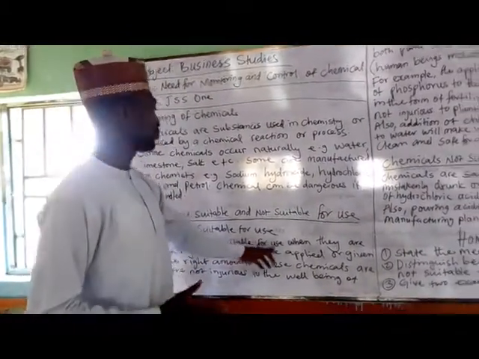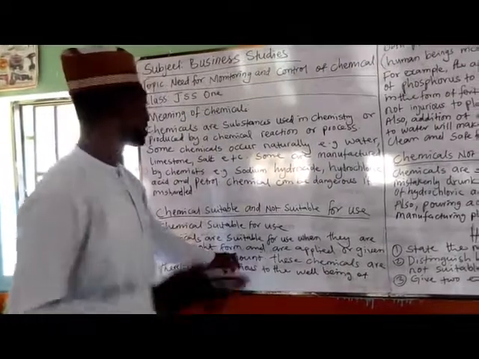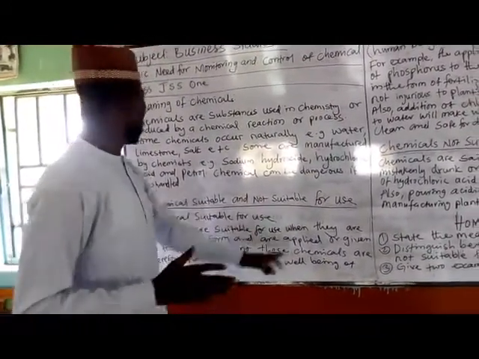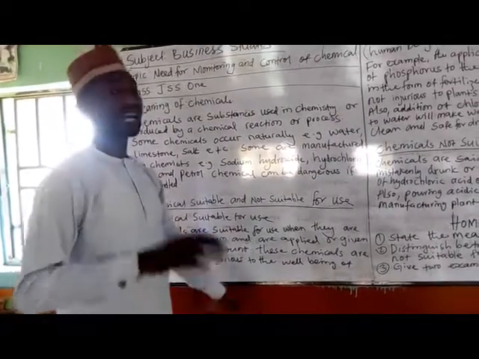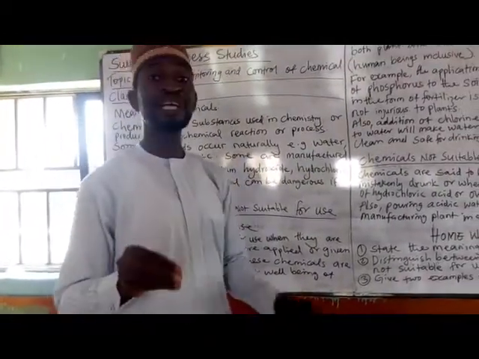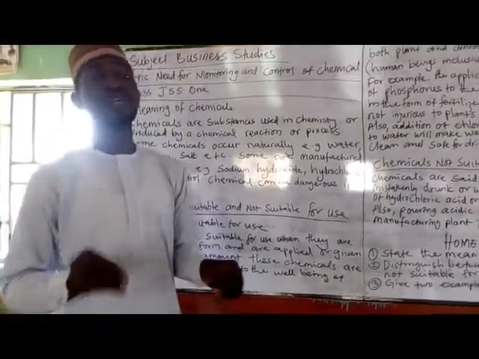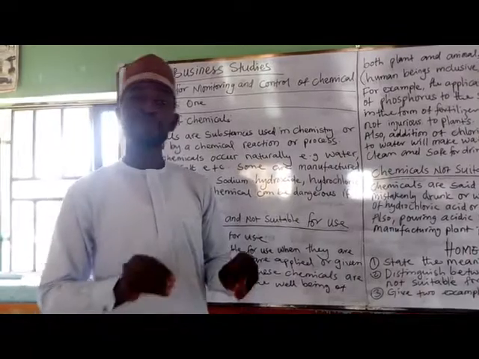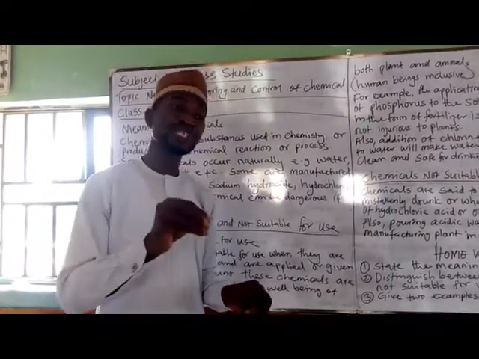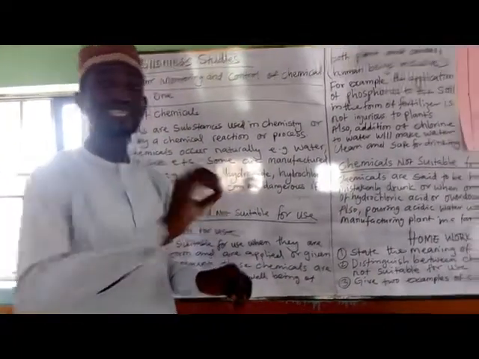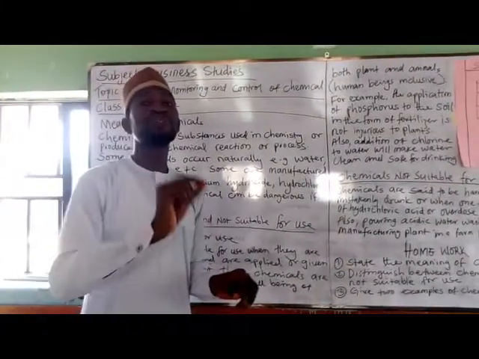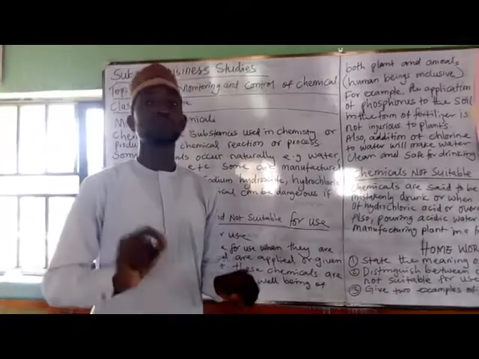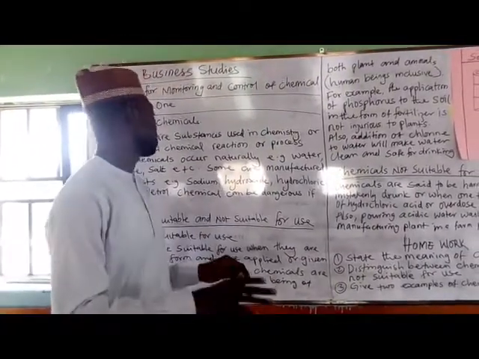Chemicals are suitable for use when they are in the right form and are applied in the right amount. Meaning, if you are asked to use a chemical according to a certain prescription and you overuse it, it will react. So there is need for us to use chemicals in the right form.